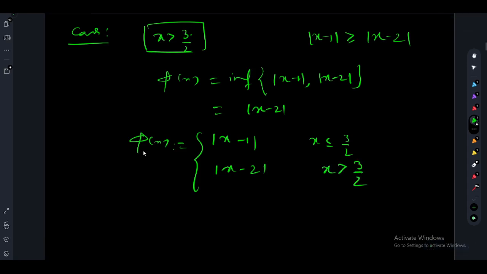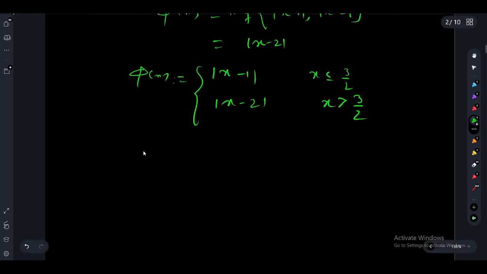So we should try to sketch the graph, and using that graph we are going to tell which option is correct. How can we graph this function?